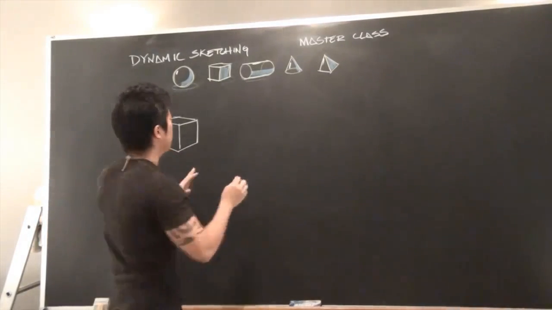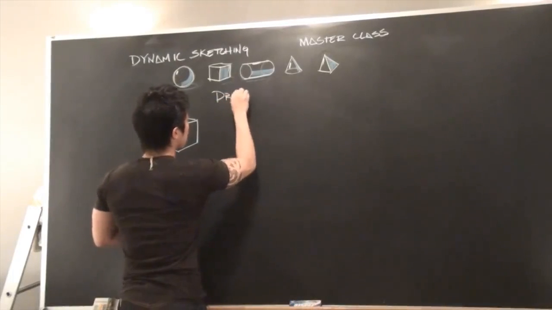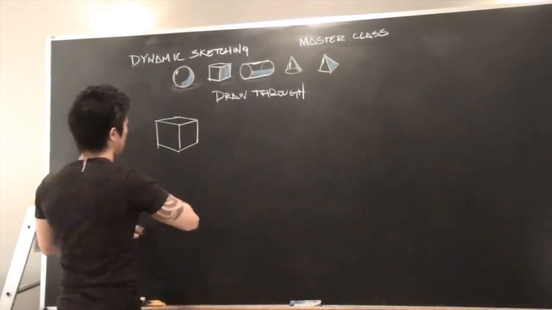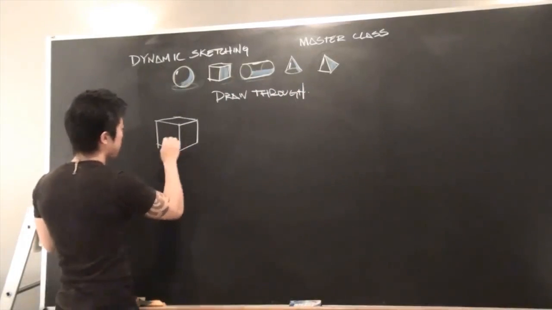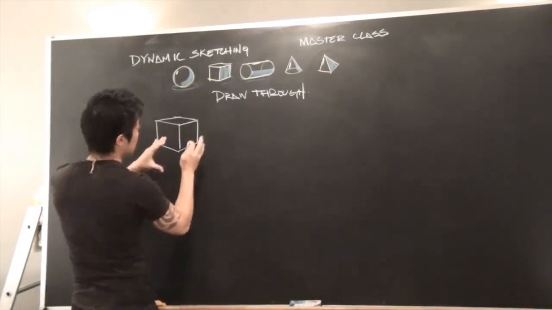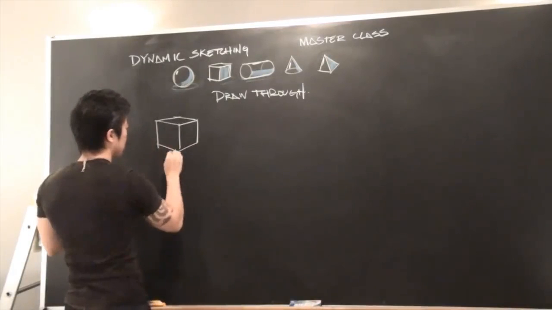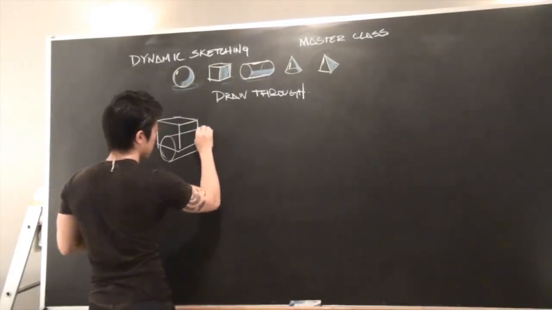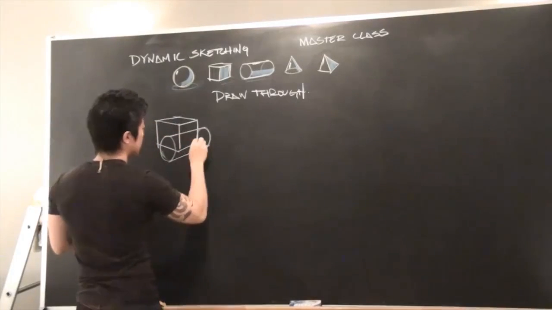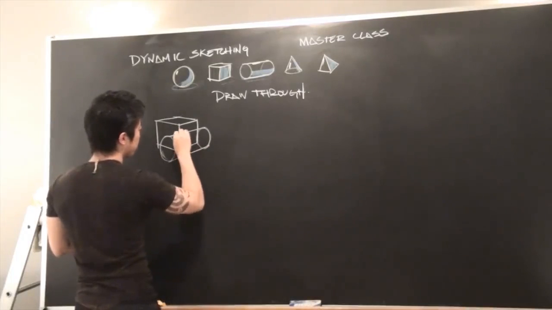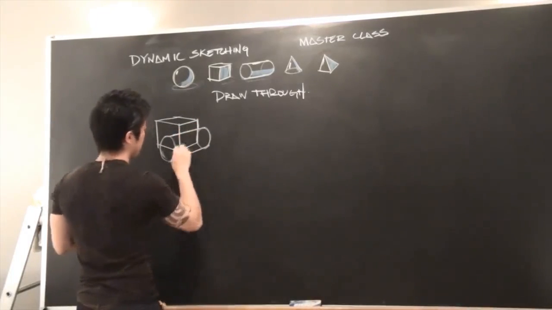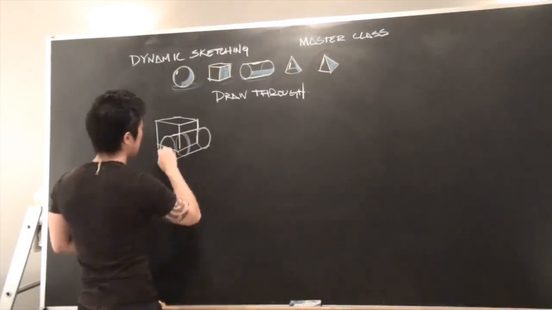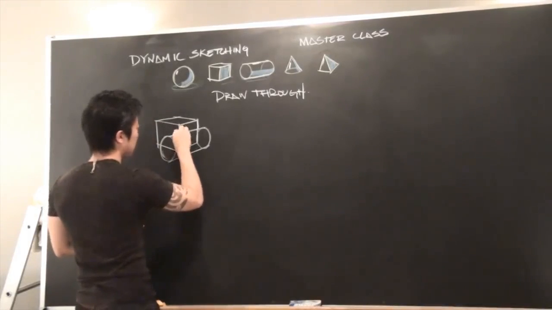And also don't forget the idea of draw through. I've drawn one shape here, and I want to draw the second shape, the cylinder, interlocking into this form. So that means I'm going to draw through on top. So now what's happening is I've cut into this cube a little bit.